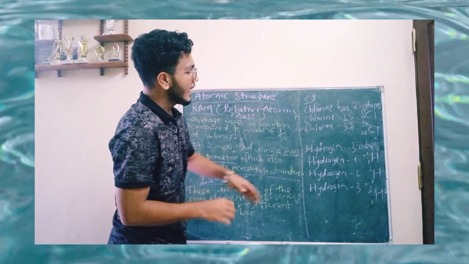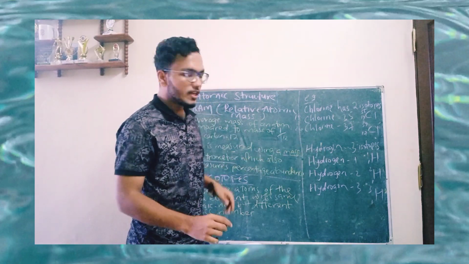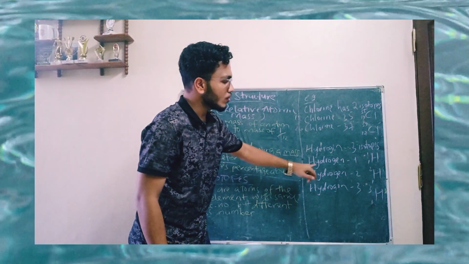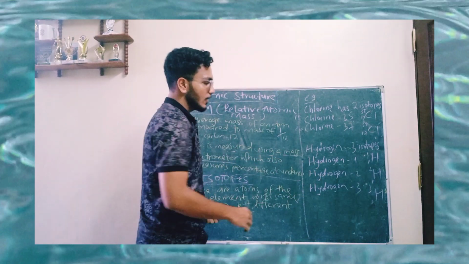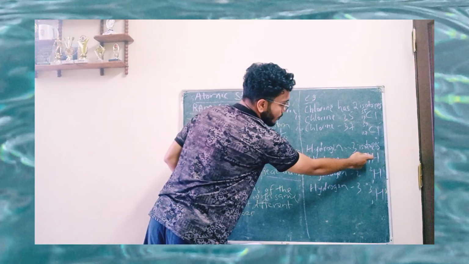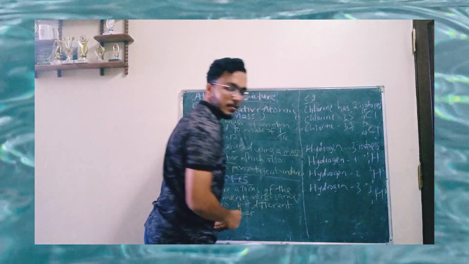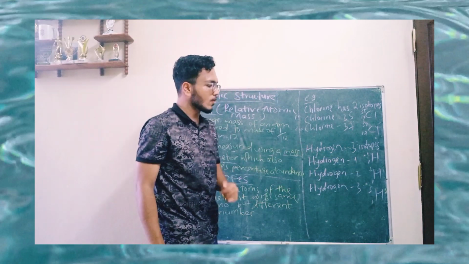The same way, hydrogen has three isotopes: hydrogen 1, which is called protium, hydrogen 2, which is called deuterium, and hydrogen 3, which is called tritium. Hydrogen 1 has atomic number 1 and mass number 1, so it has 0 neutrons.